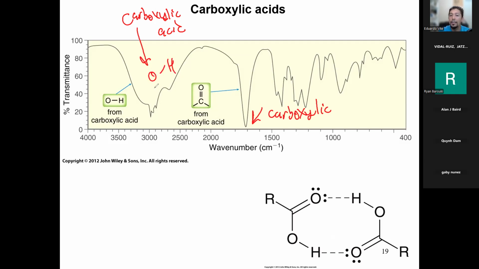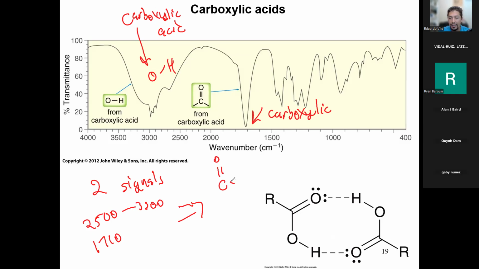It is the combination, the observation of two signals, the one from 2500 to 3500 and the one at 1710, that leads us to conclude that this is a carboxylic acid. You cannot conclude the whole thing from just one. You have to take them both into account. You cannot call either signal carboxylic acid. That is just completely wrong. One is a carbonyl signal, one is a hydroxyl signal.